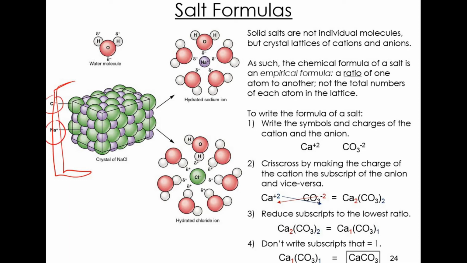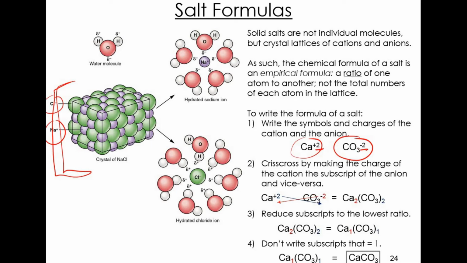The molecular formula for a salt is really an empirical formula that expresses the ratio of cations to anions in the lattice. You can come up with this formula by writing out the cation and anion that make up the salt, like calcium and carbonate in this example, and note what their charges are as superscripts.